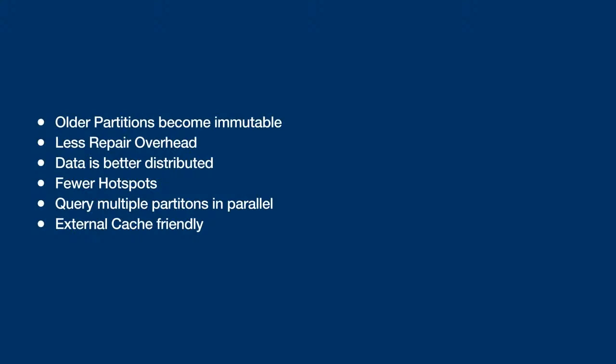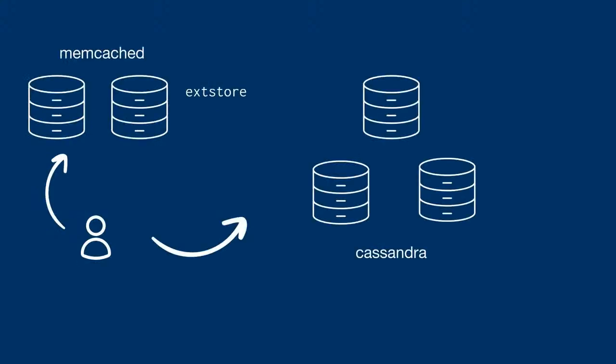And the last advantage I'm going to talk about is that it's very friendly for external cache. In this scenario where we just talked to Cassandra, you might not think this is a big deal. But when we add a caching layer like Memcache, especially if we use ext store, where we can leverage an NVMe drive for extra storage, we can put a ton of data in each Memcache server.